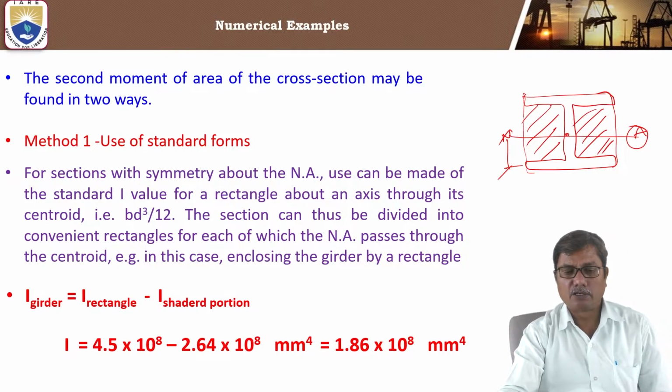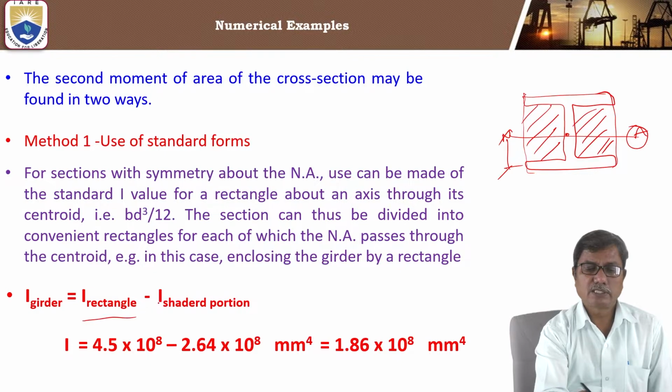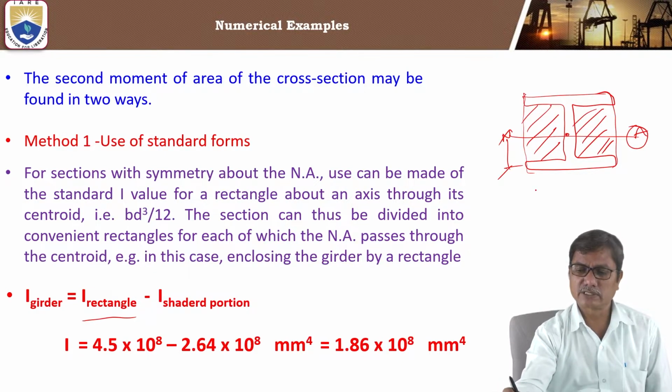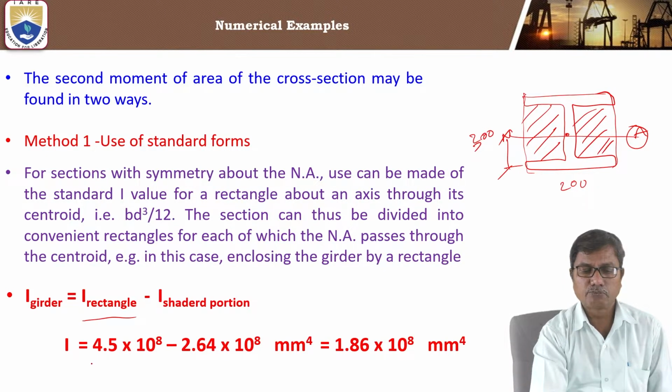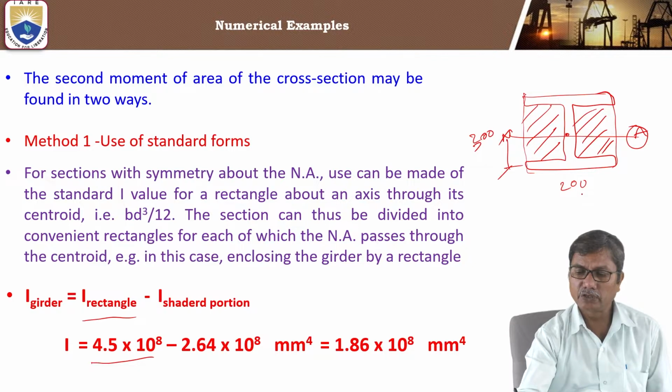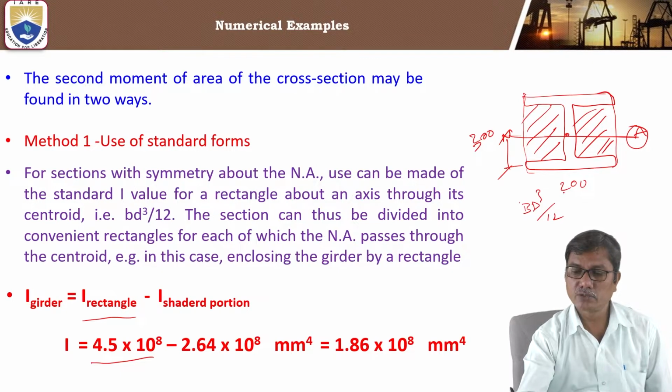Okay, now from this, the moment of inertia of the rectangle enclosing this, for which the breadth is 200 and depth is 300, is BD cube by 12 about the centroidal axis. Here capital B is 200, capital D is 300.